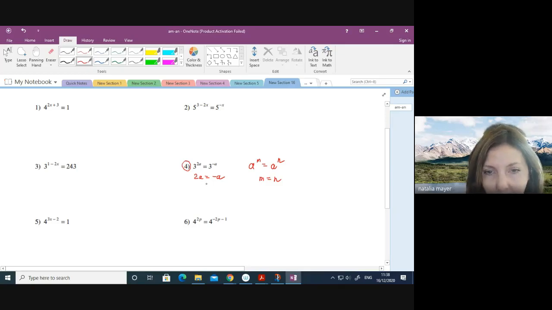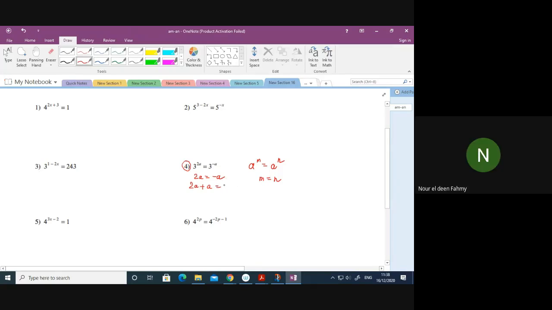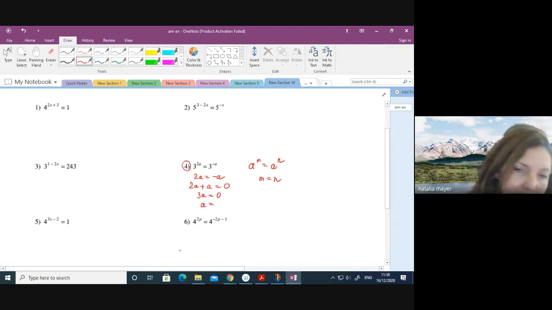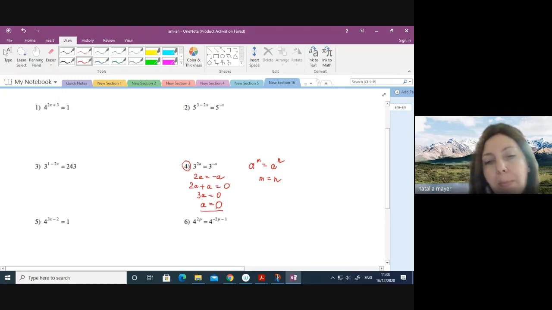So collect like terms, because we want to collect like terms, right? So 2a plus a is, what is on the right side if you move negative a to the other side? 0. Now 2a plus a is like terms, right? Collect like terms. 3a is going to be equal to 0. So what's the value of a then? 0. So 0 is the only solution for this equation.